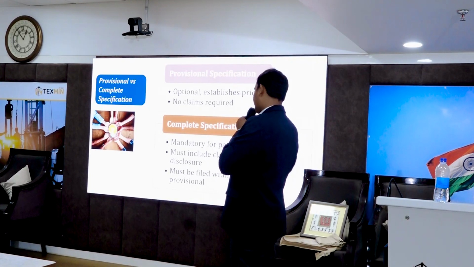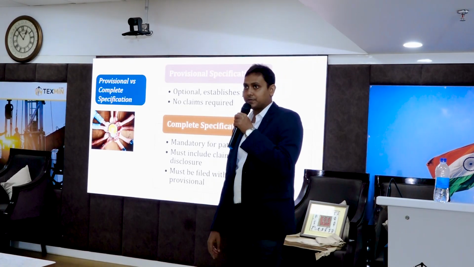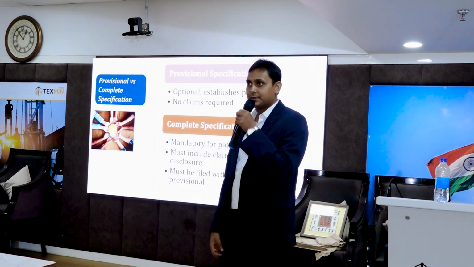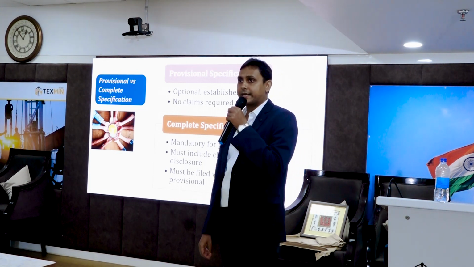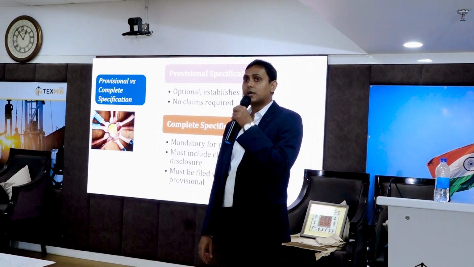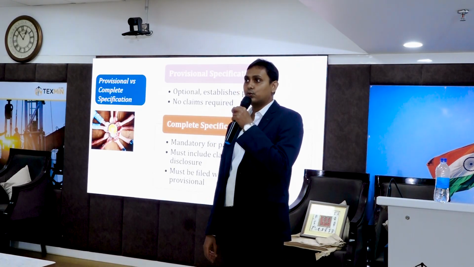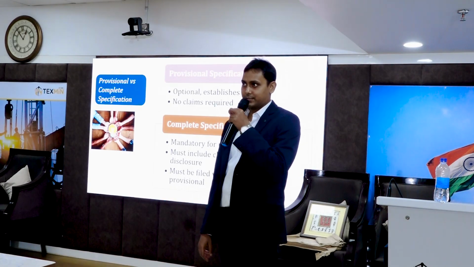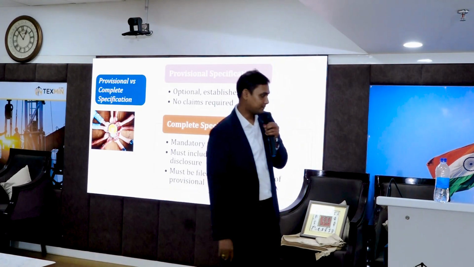And that must be filed within 12 months of the provisional patent specification. And as I have said, there is a provision of getting an additional 6 months extension, but it is suggested not to take that extension, to avoid losing the priority of your patent application. Okay.